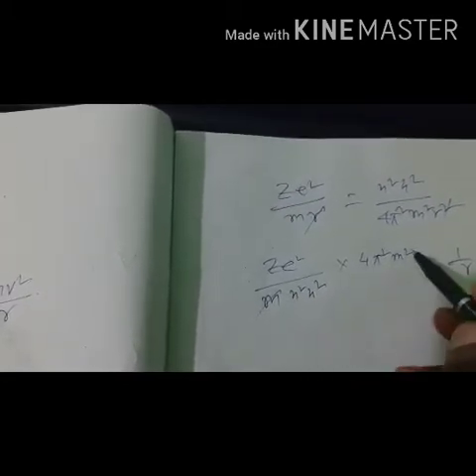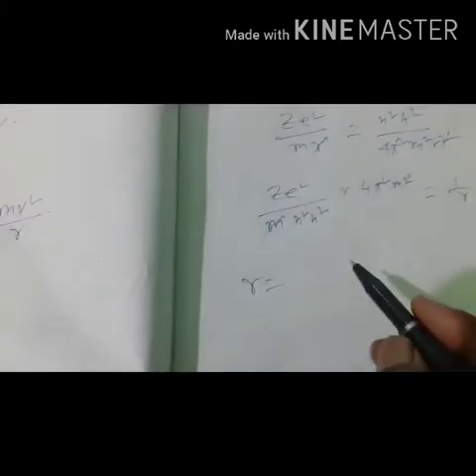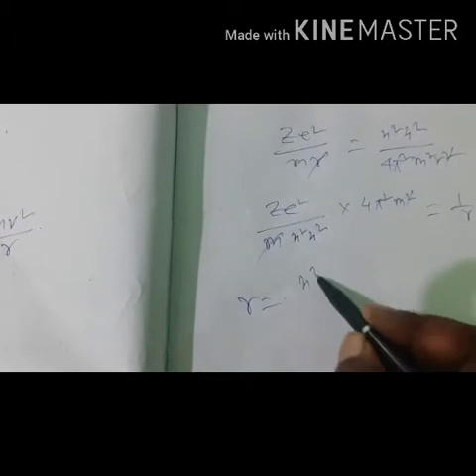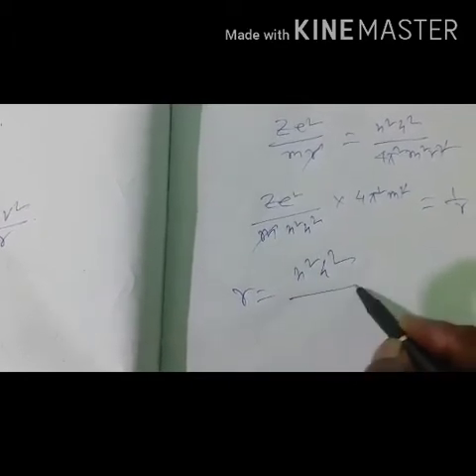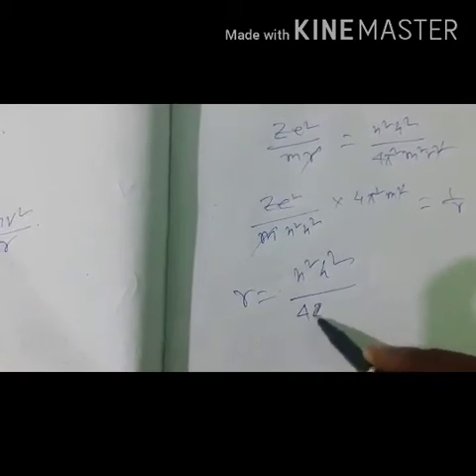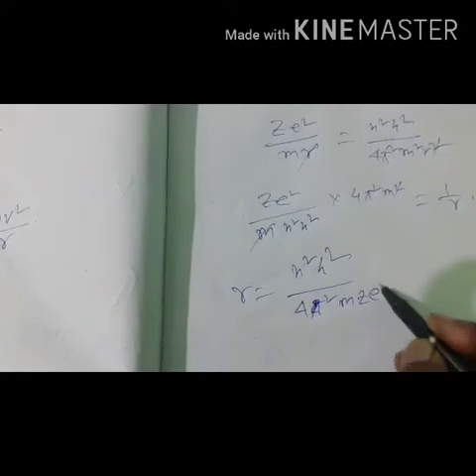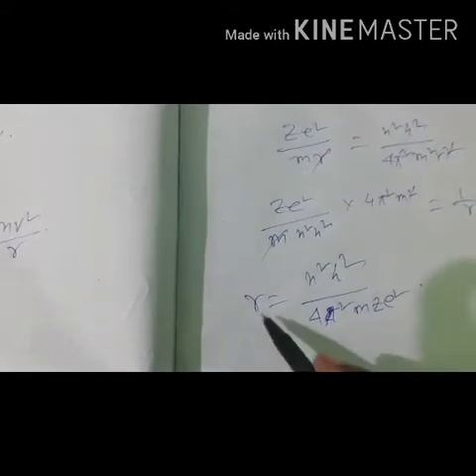From here m and m will cancel, and that means r will be equal to n square h square divided by 4 pi square m Z square. That is the general expression.